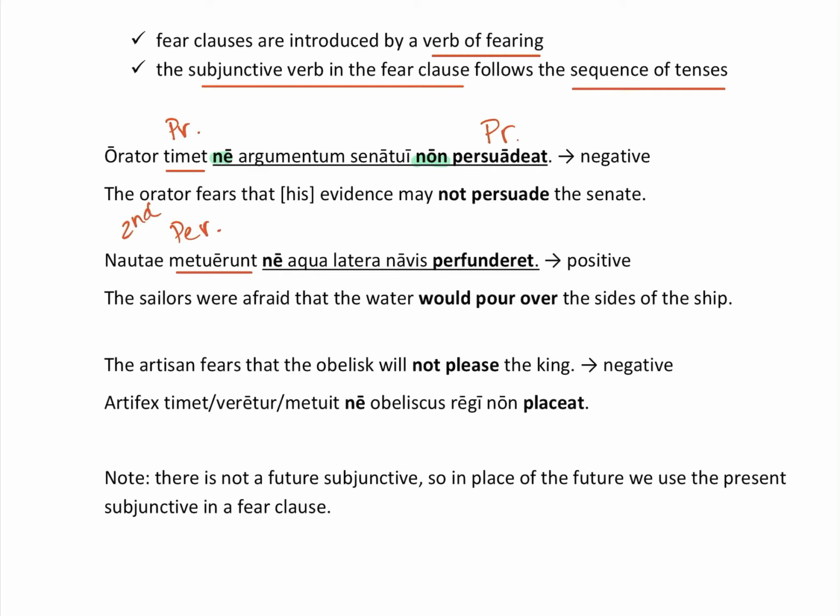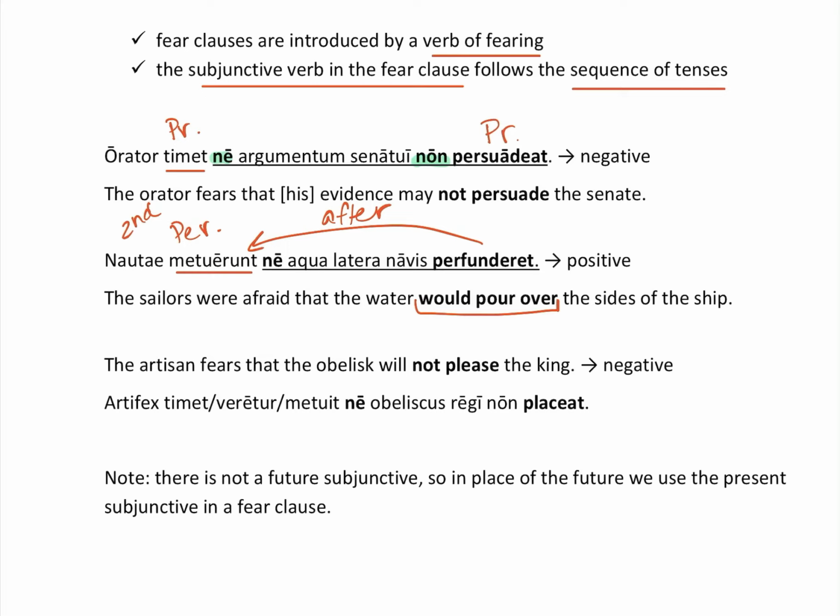Although remember, in translating, perfect and imperfect are interchangeable. Since the action in the fear clause is after the time of the main clause, the subjunctive is in the imperfect. It hasn't happened yet, but it's going to happen after, so it's "would pour over."